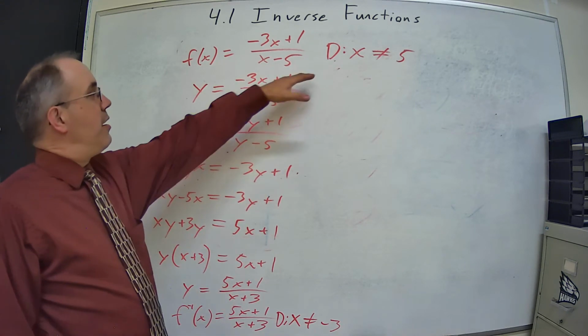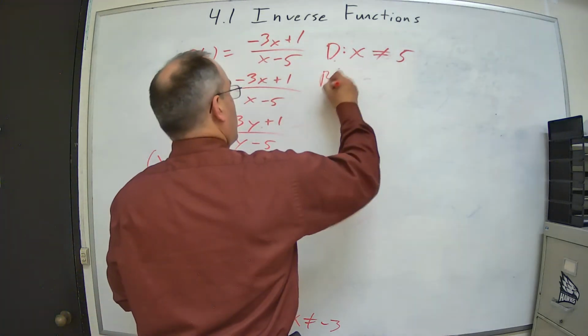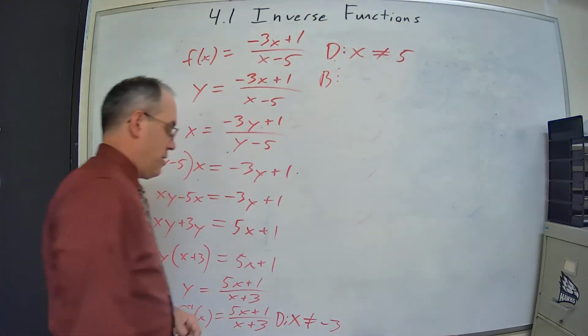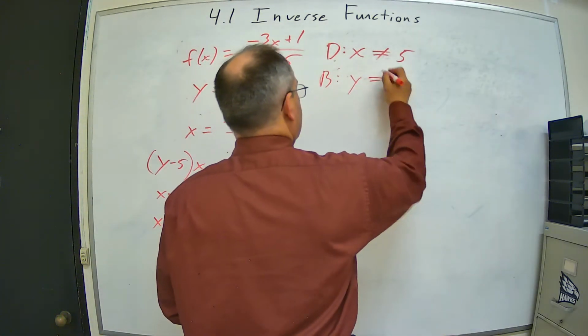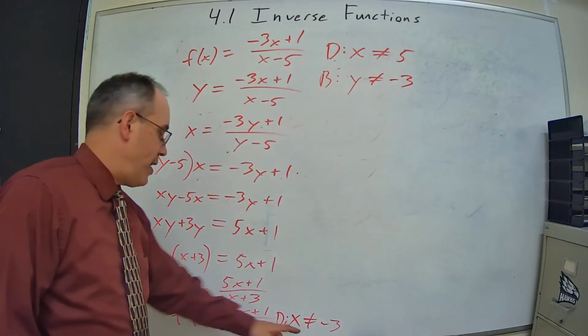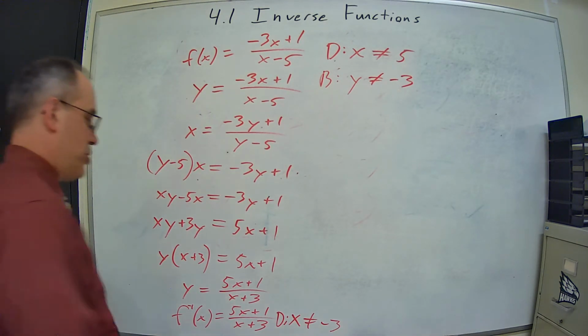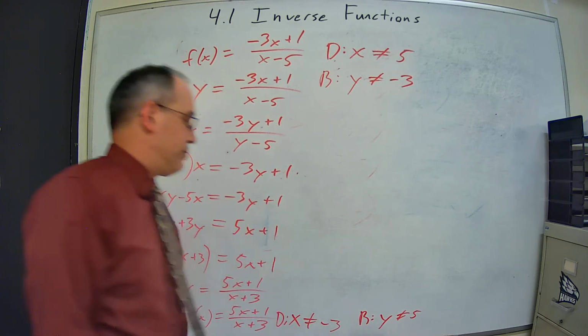So, if I want to know the domain of this function f of x, that range is that y cannot be equal to negative 3. And if I want to know the range of my inverse function, that range is that y cannot be equal to 5.